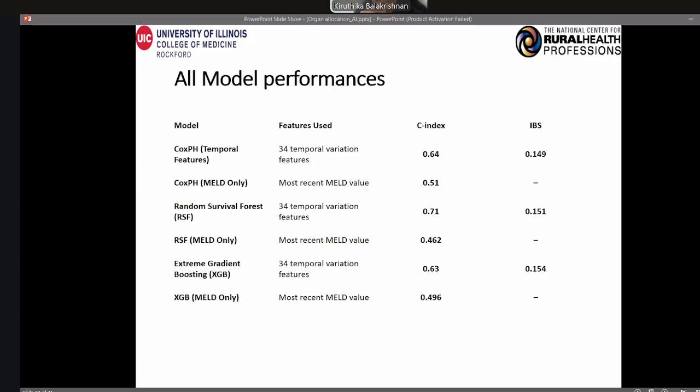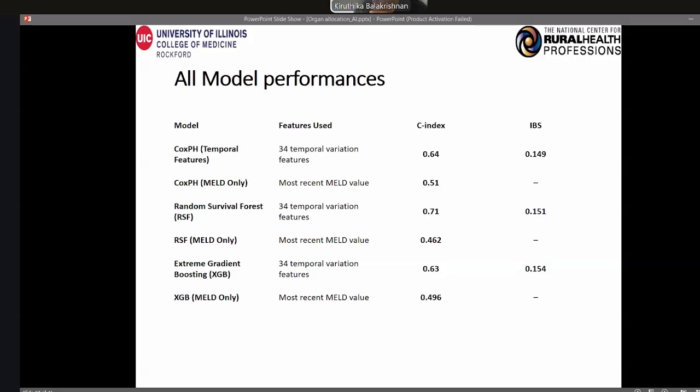Now, let's see the performance of all the models we have tested. The table compares how different models perform when predicting long-term post-transplant survival using two key metrics: the C-index, which measures the predictive accuracy, and the integrated Brier score, which measures the overall prediction error.